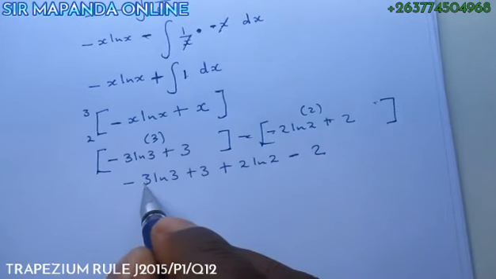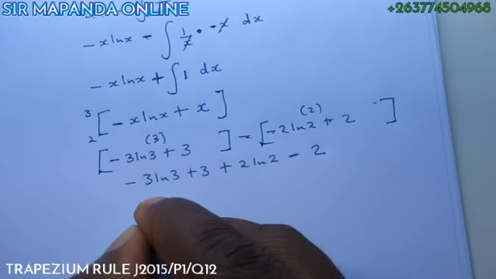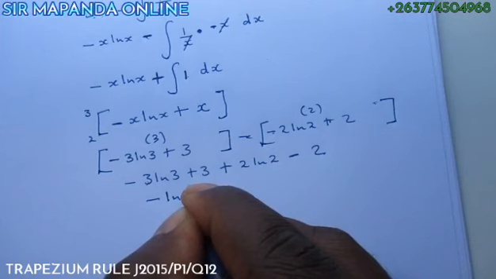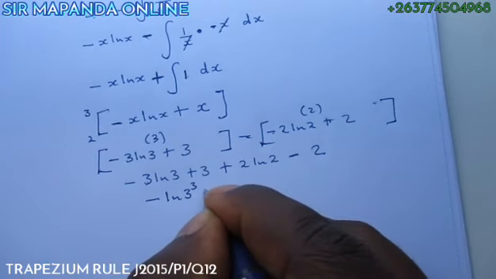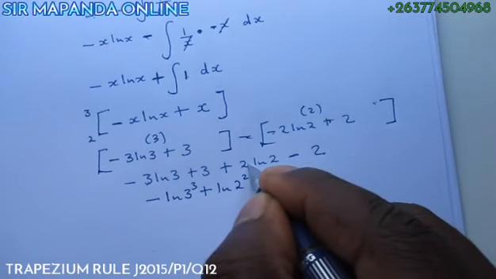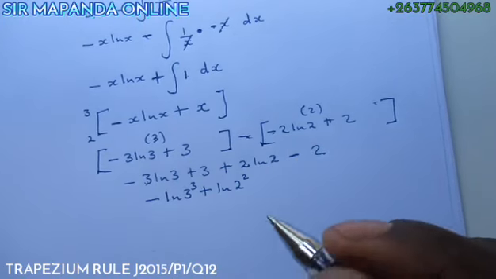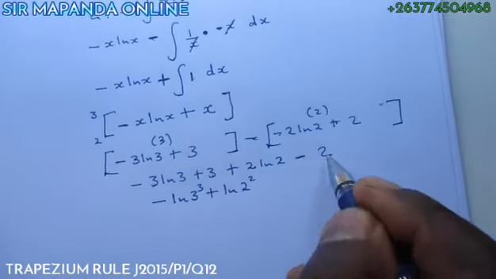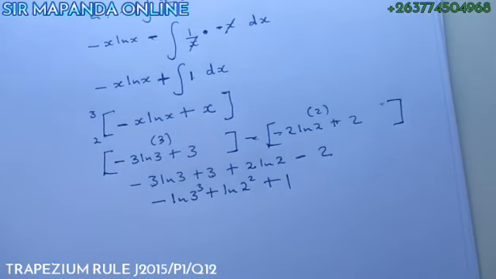Right, so this one can be written as minus ln 3 to the power of 3 plus ln 2 to the power of 2, after moving this 2 on top of 2 using power rule. Then 3 minus 2, you get plus 1.